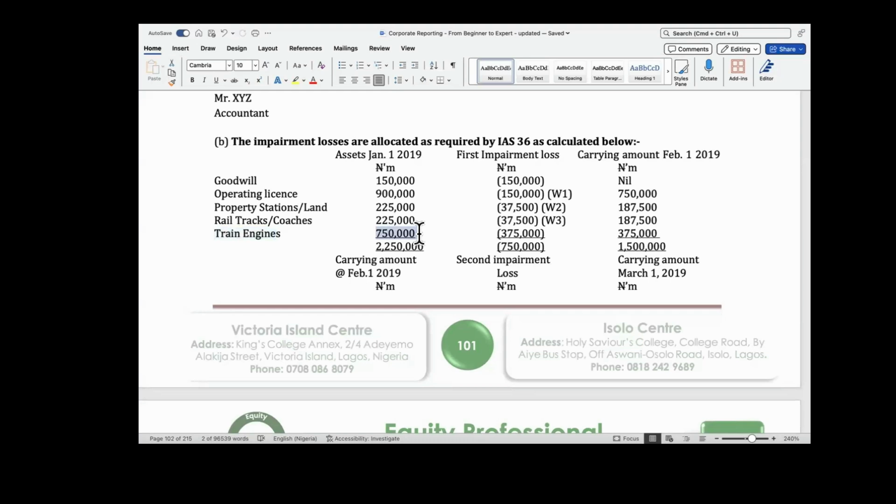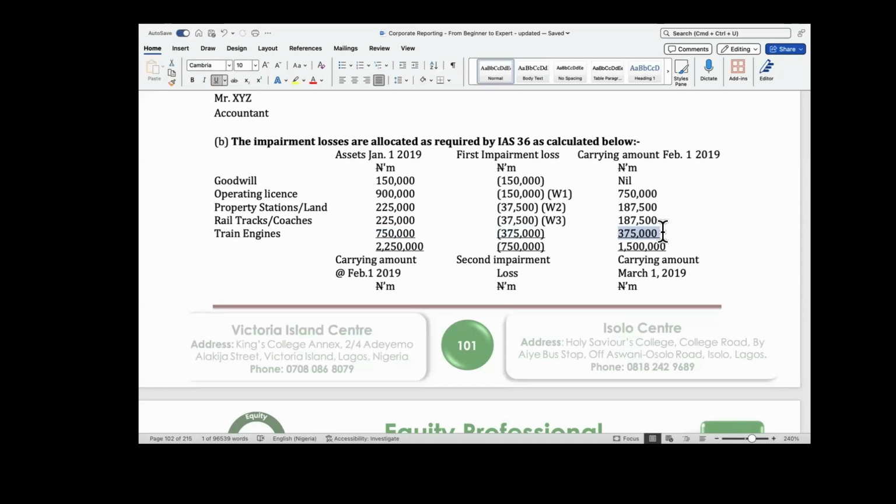The aim of impairment loss is to write down the carrying amount to its recoverable amount. So although one of the twin engines got damaged, the remaining one, which is the 375, is already at its recoverable amount. So we cannot impair for that. You don't impair below recoverable amount. So you need to be very careful.